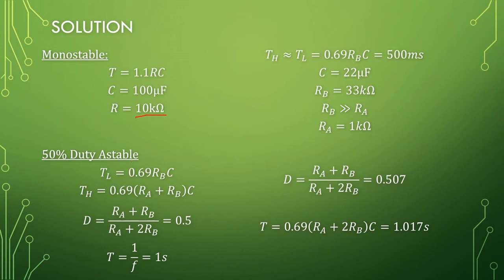Okay, for a 50% duty cycle astable, we have the high, the low, the duty cycle, and the frequency equations available to us. For a 50% duty cycle, we want our time high and our time low to be approximately the same.